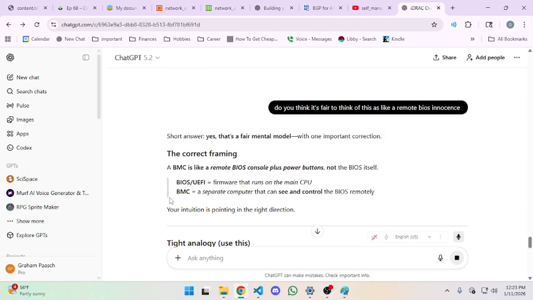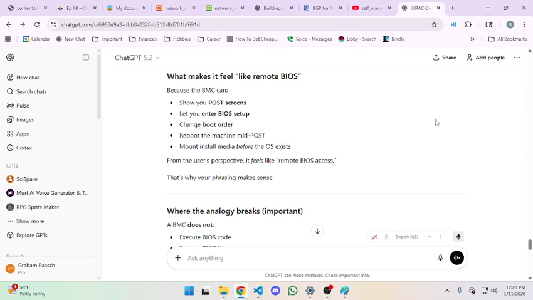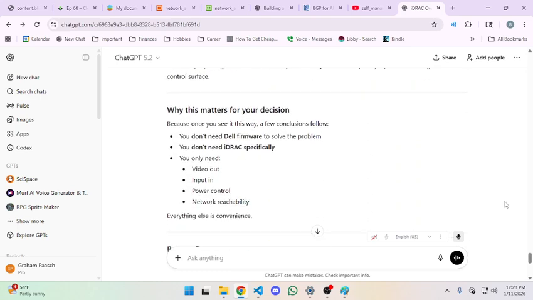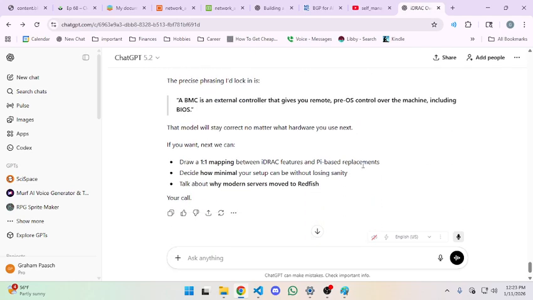You can control the BIOS with the BMC. So it's like the BIOS, but it isn't the actual BIOS. So a BMC is an external controller that gives you remote pre-OS control over the machine, including the BIOS.